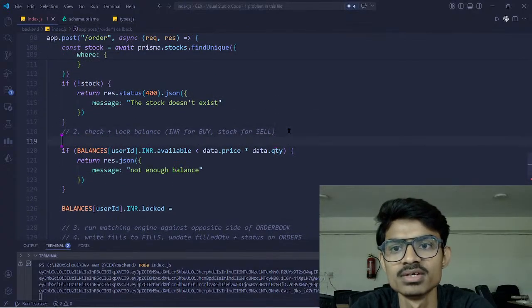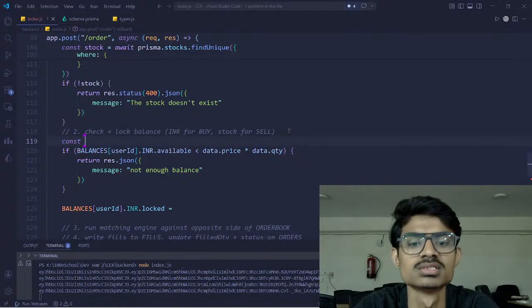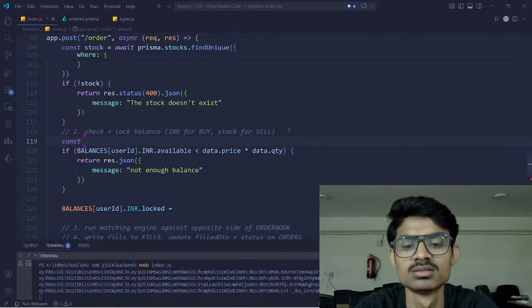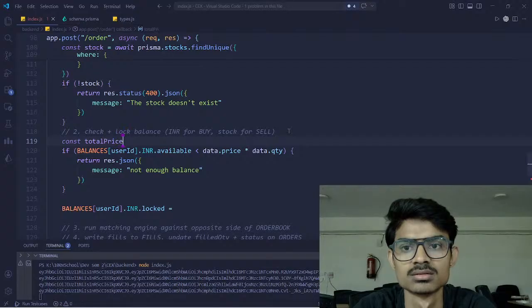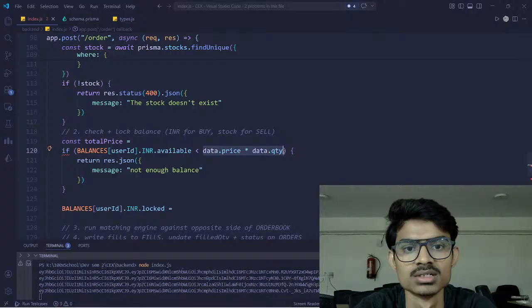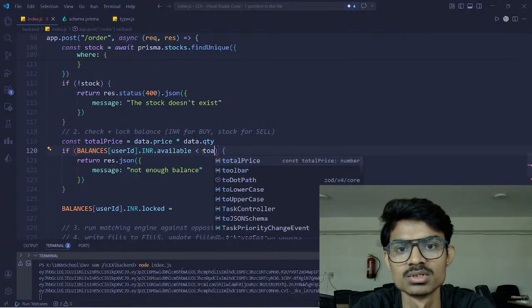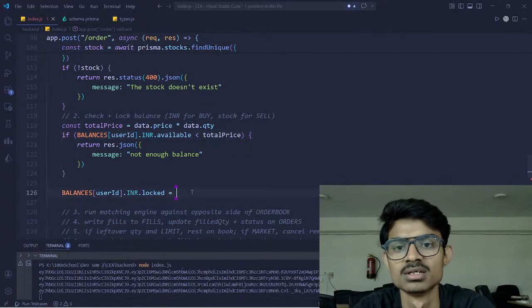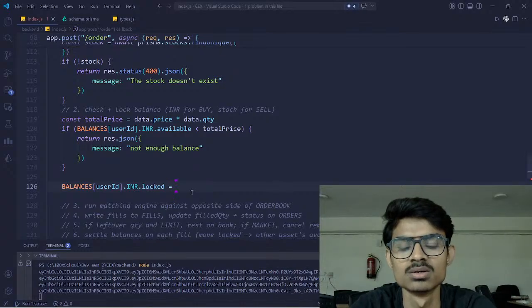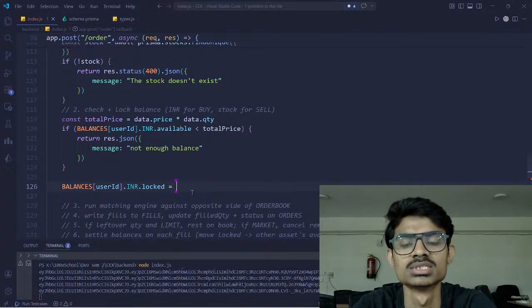Like I could define a variable, const totalPrice equal to this. We'll say totalPrice, logged equals whatever.